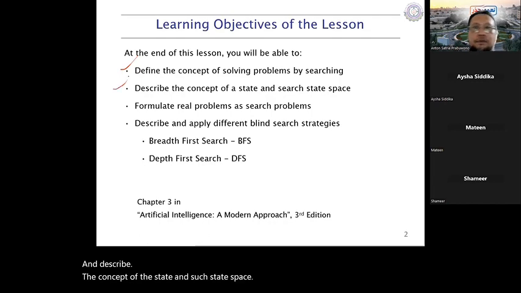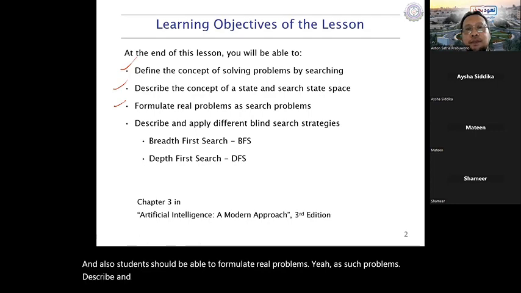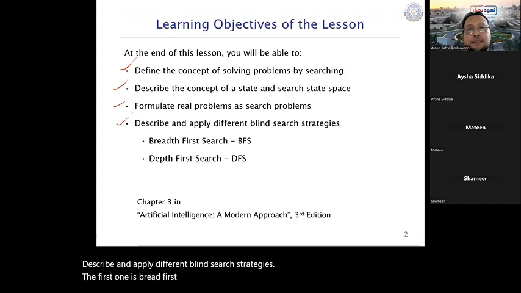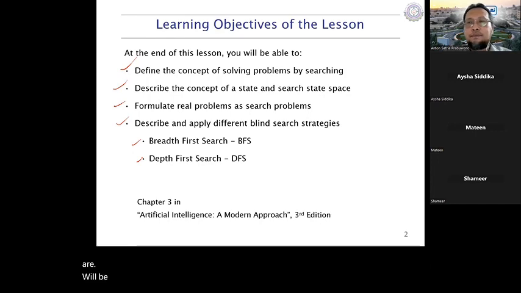Students should also be able to formulate real problems as search problems, and describe and apply different blind search strategies. The first one is breadth first search, or BFS, and the second one is depth first search, or DFS.